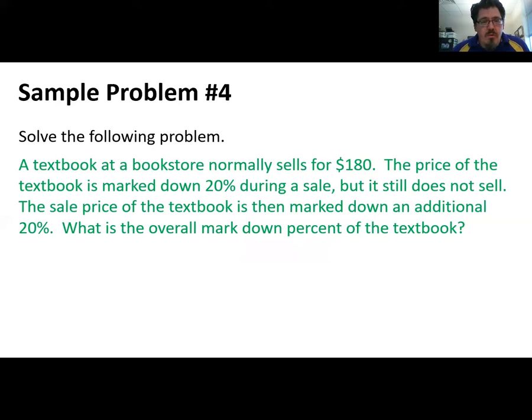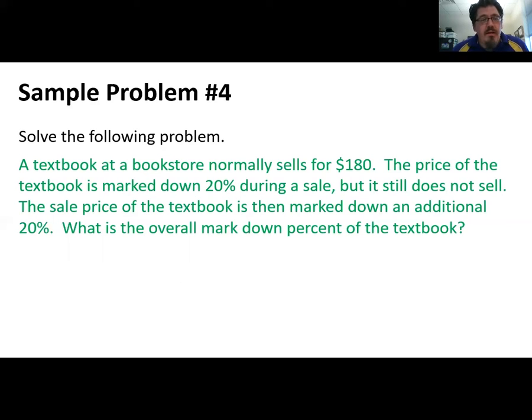All right, so what we need to do is figure out basically what percentage the overall price was decreased. Now, the pitfall on a problem like this is a lot of times people want to say, well, it was 20% and then 20%, so it must be a 40% markdown. And that seems to make sense, but it's not the right answer.